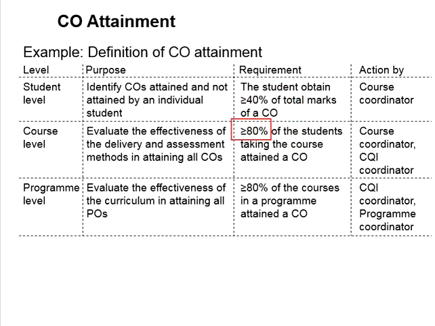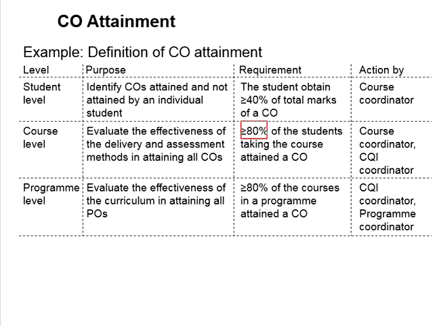Why do we set this as 80%? First, this 80% has to represent the majority of the students. It may also be 70%, 75%, 80%, or even 90%, depending on the definitions of the program.